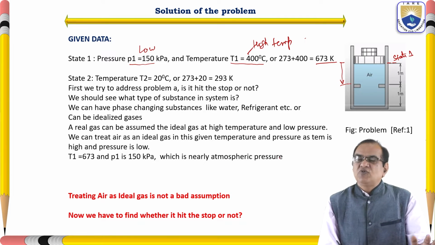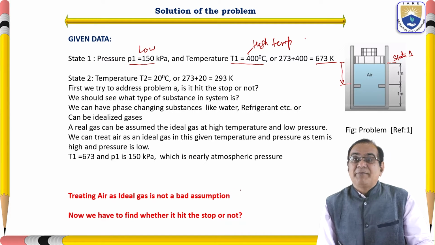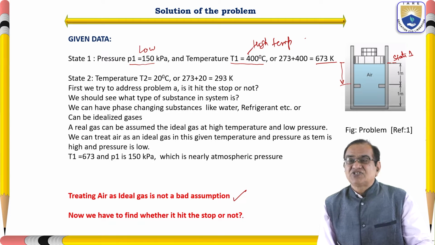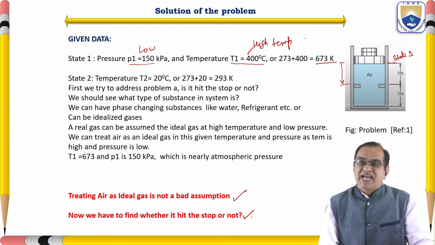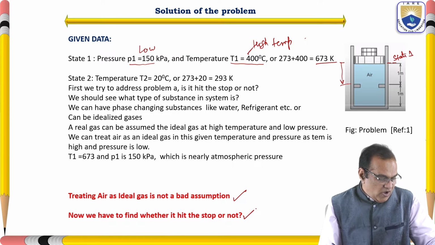So we can assume this as an ideal gas. Treating air as an ideal gas is not a bad assumption. Now we have to find whether it hits the stop or not.